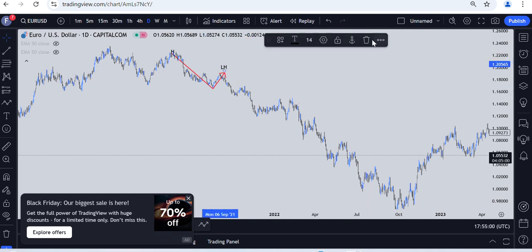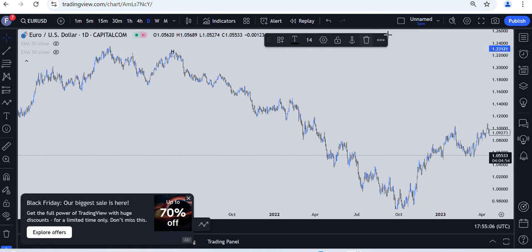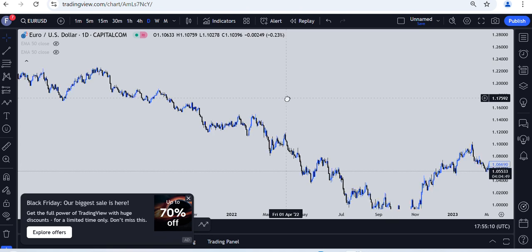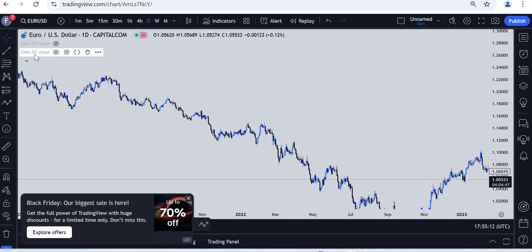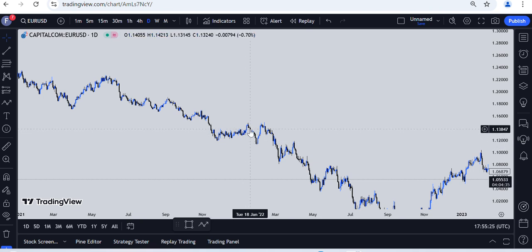Let me remove these guys from here. Okay, cool. Now, it's very simple. Let me delete this first of all. So now we're going to add one indicator to our screen that will help you guys as new traders to be able to draw this swing high and swing low.